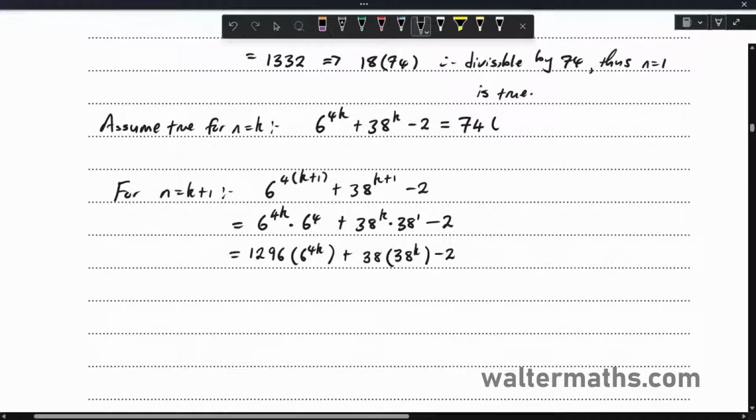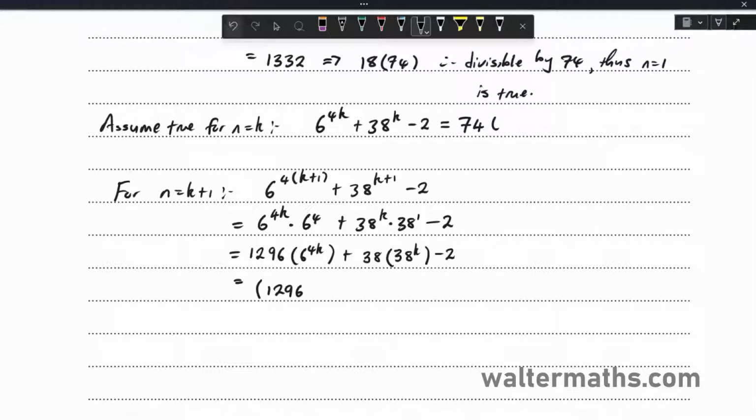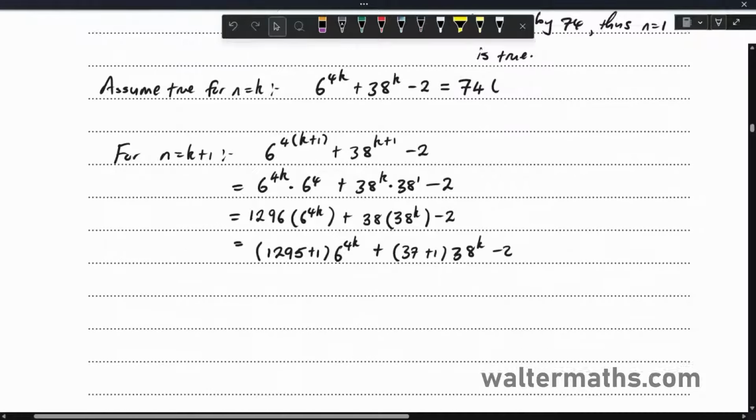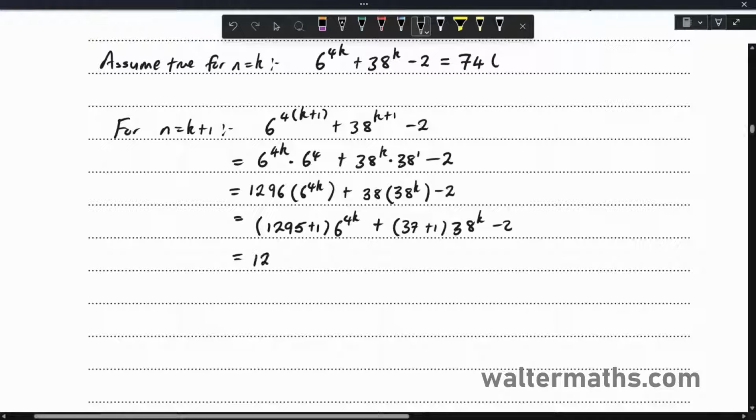Alright, so we carry on here. I'm going to split this to 1296, actually 1295 plus 1 of 6 to the 4k, plus, for 38, that's 37 plus 1 of 38 to the k minus 2. And this will give us 1295 of 6 to the 4k plus 6 to the 4k plus 37 of 38 to the k plus 38 to the k minus 2.